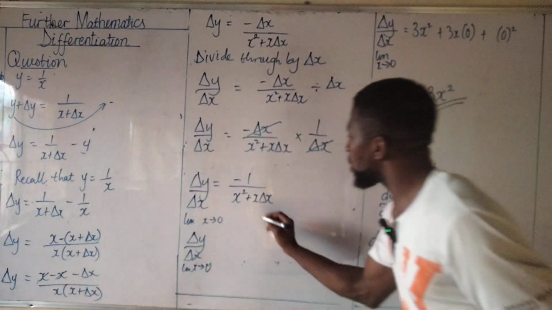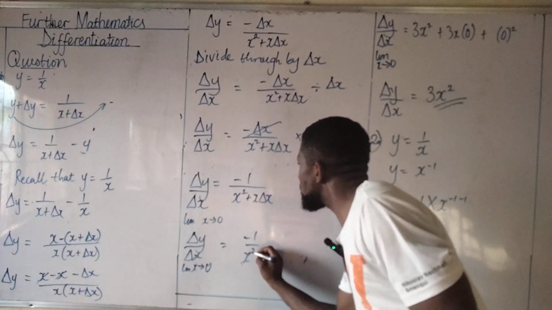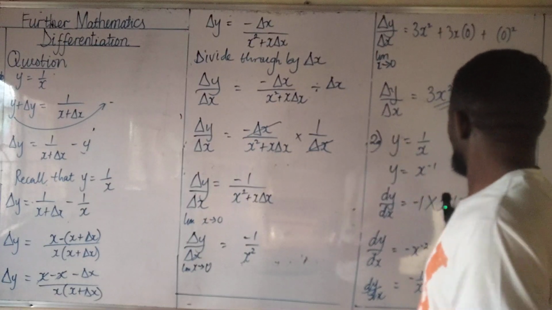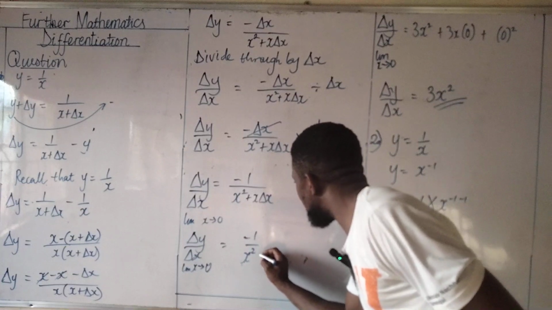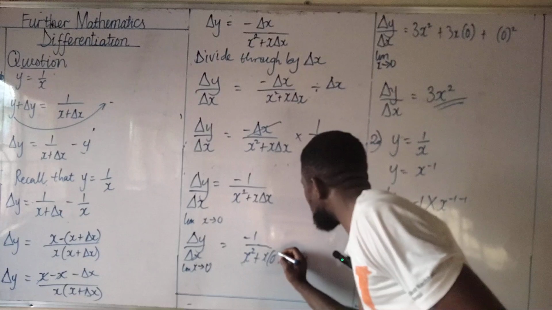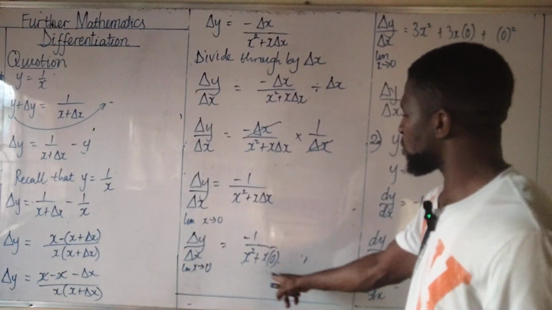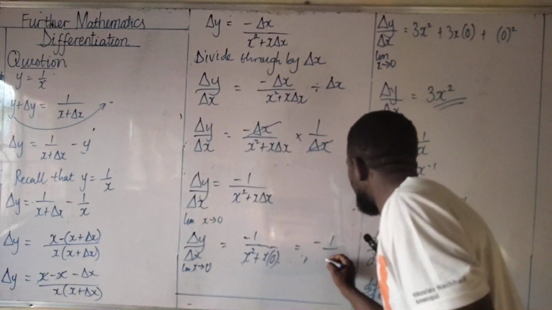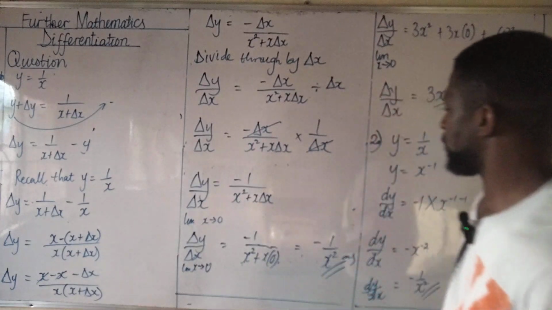The limit will give us negative 1 over x squared, plus x times changing x, which becomes 0. Hope you are getting what I mean. So x times this will be 0, and we now have x squared. Finally, we have negative 1 over x squared, and this becomes our answer as we obtained before.